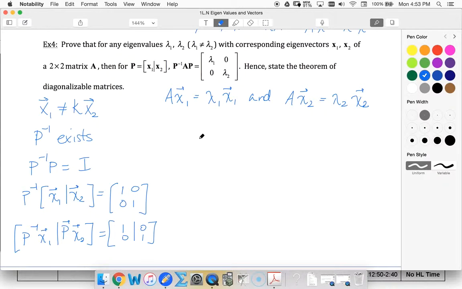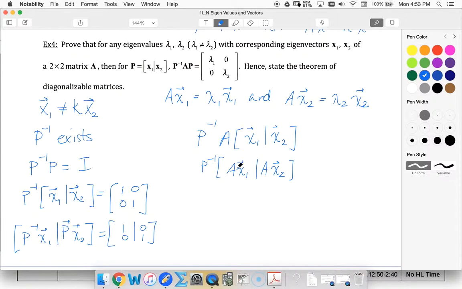So now coming into here, we've got some P inverse of A, and then P we've defined to be x1 augmented with x2. Well, that's going to give us P inverse of Ax1 augmented with Ax2.